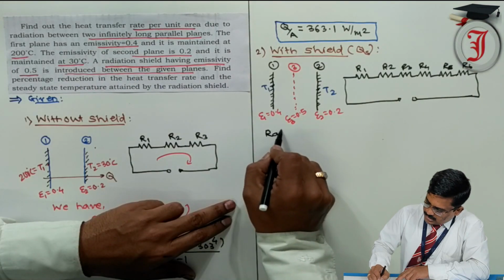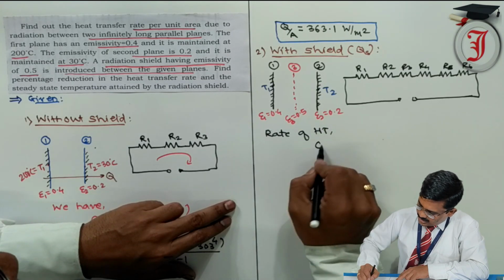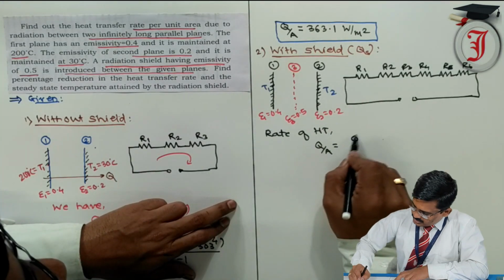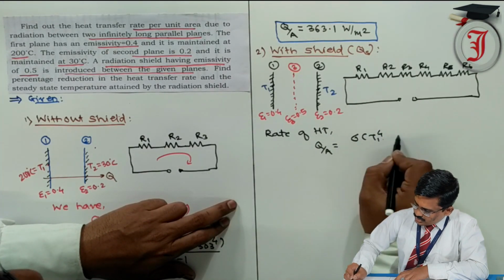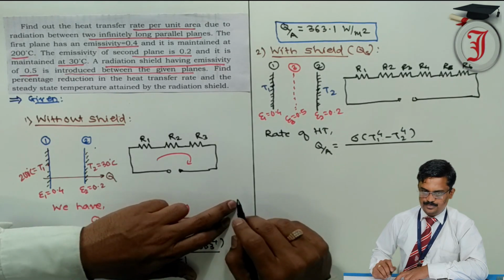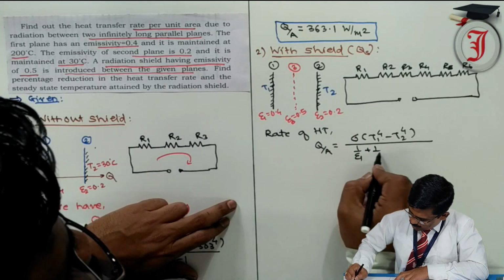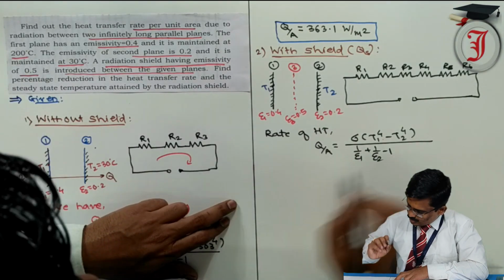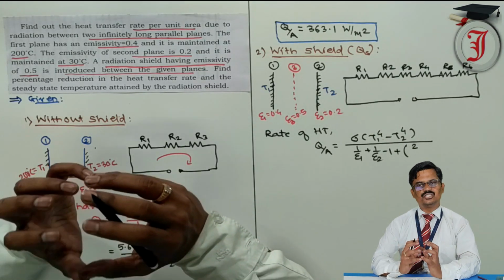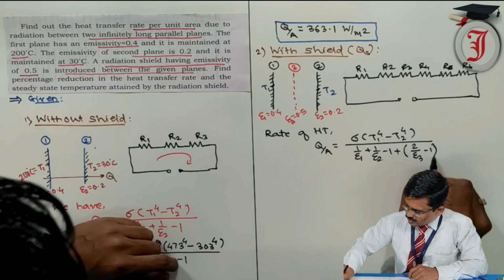Therefore, the rate of heat transfer is given by Q upon A is equal to sigma (T1 raised to 4 minus T2 raised to 4) upon 1 upon epsilon 1 plus 1 upon epsilon 2 minus 1, plus, in brackets, for 1 radiation shield, twice epsilon 3 minus 1.